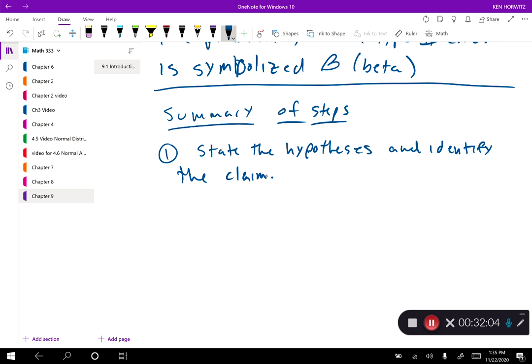I can't necessarily tell you that there are specific words to look for, but as you read more problems and more problems and more problems, hopefully you will find some helpful hints and some of those words that will help you identify potentially what the claim is or how to write out the null and alternative hypotheses.